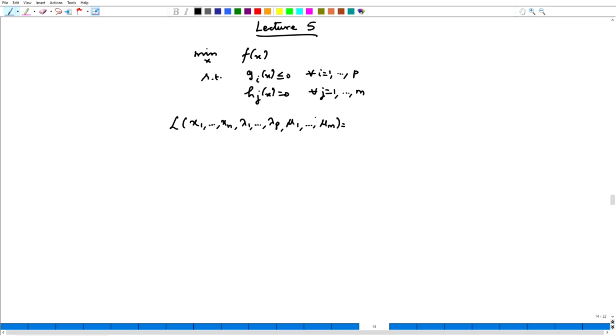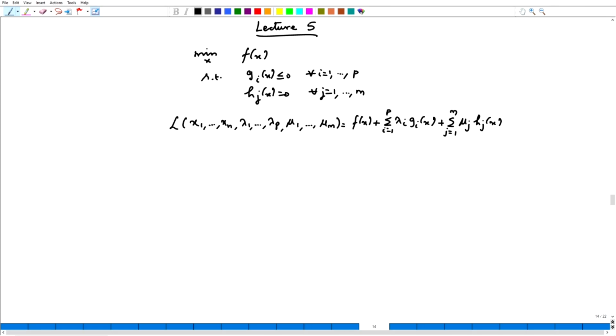Okay. So, what is the expression? It is f of x plus summation lambda i g i of x, i equal to 1 to p, plus summation mu j h j of x, where j goes from 1 to m. Okay. So, this is what we call the Lagrangian function. This is a new function that I have constructed.